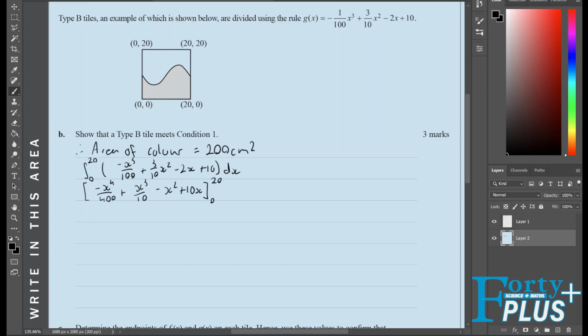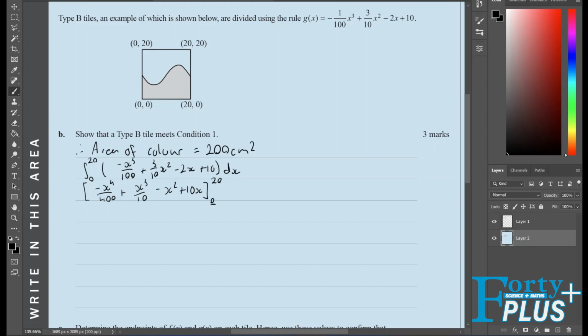Because all the terms in this set involve an x, when we have the 0, we're not going to need to subtract anything. So we can simply start putting 20 into each of these to solve.